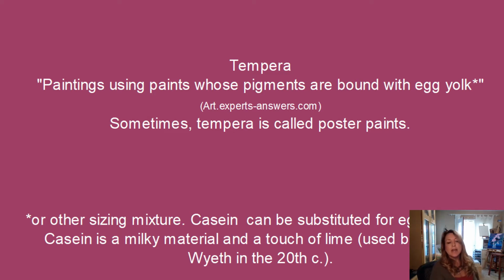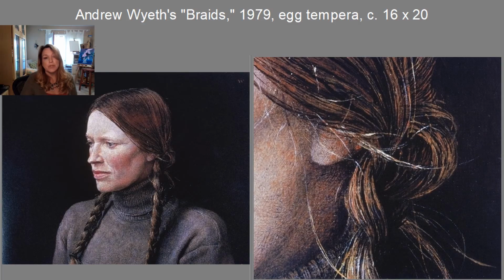It is, again, made with this fixative that is basically egg-based. As it states here, casein can also be used as a milky material, and they also add a touch of lime to it as well. And so this was the type of materials that Wyeth used.